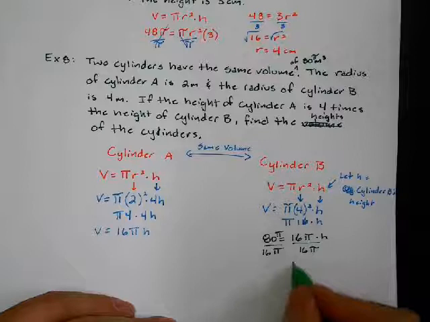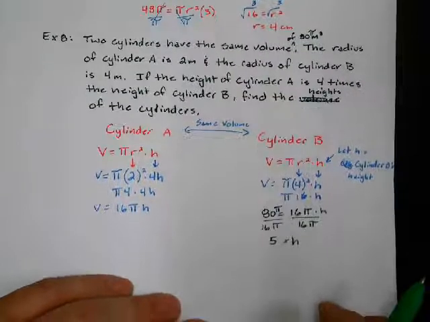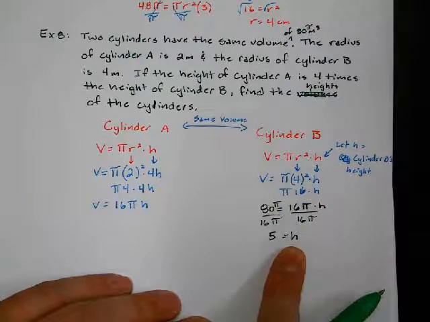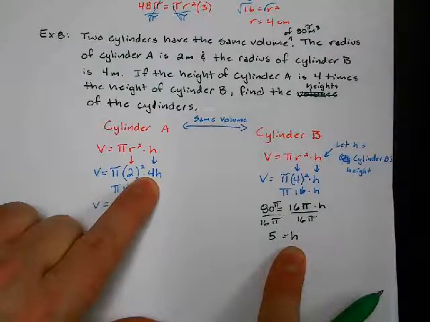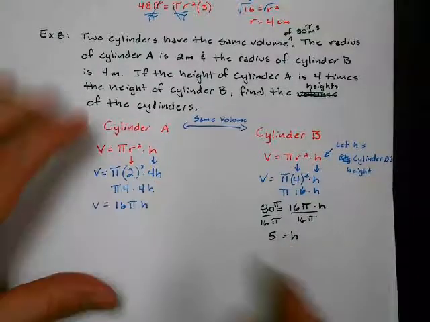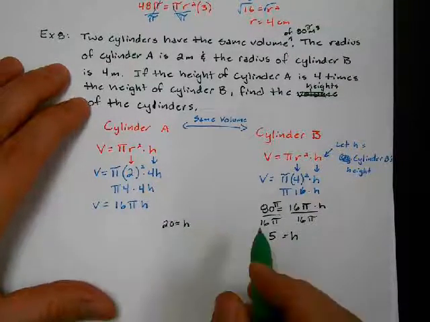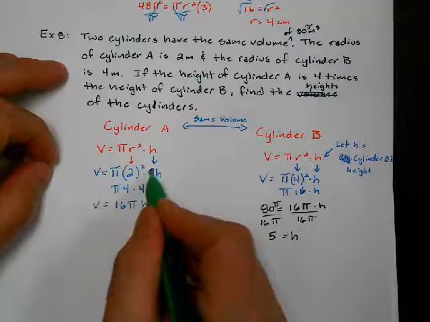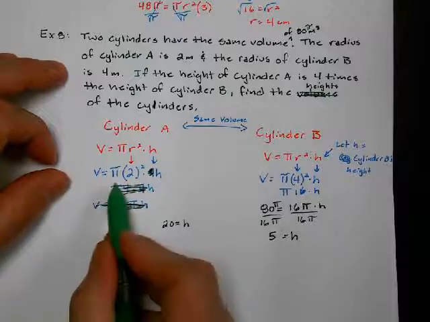Now the other height should be 4 times that amount. So let's see if that works. We should over here get a height equal to 20. So over here, we're going to say this is 80 pi is equal to 4 pi times the height.